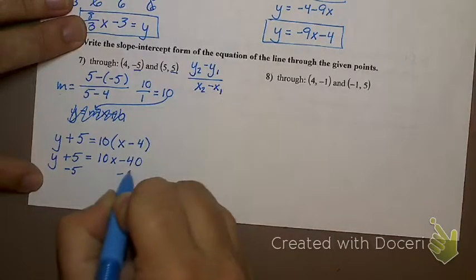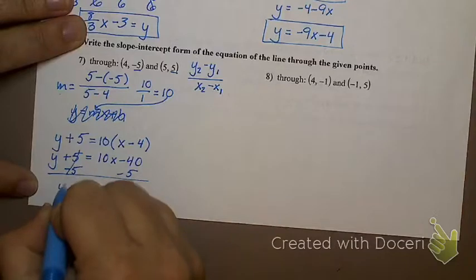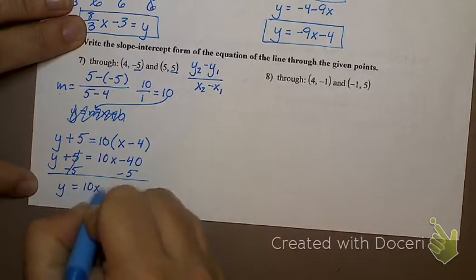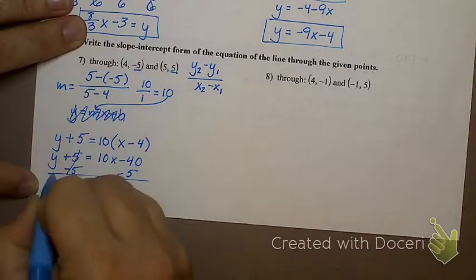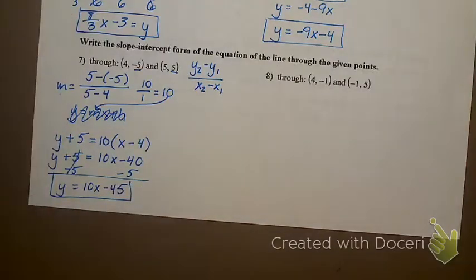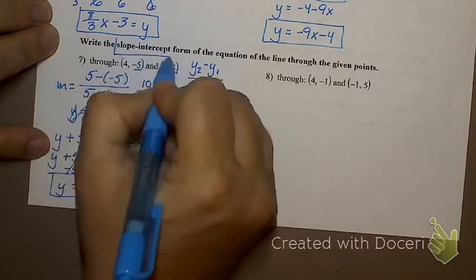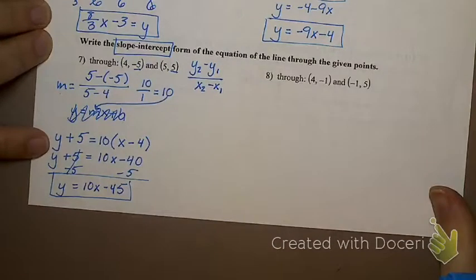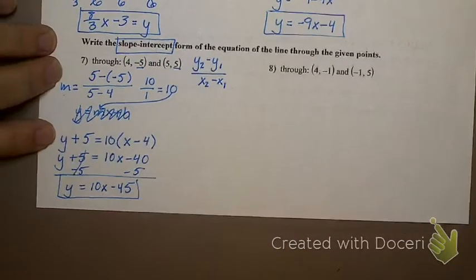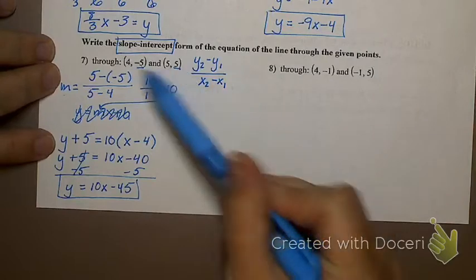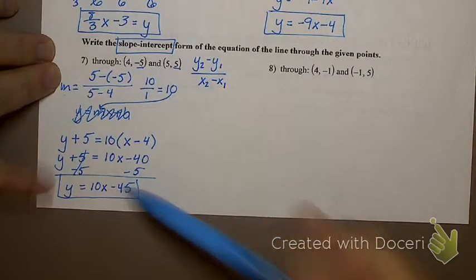Subtract 5. And y equals 10x minus 45. That tends to be a little bit easier to get to slope-intercept form. You just have to remember, you cannot leave it in point slope form if the instructions say go to slope-intercept form. And it doesn't matter which point you use, you'll still end up with the same slope-intercept form.